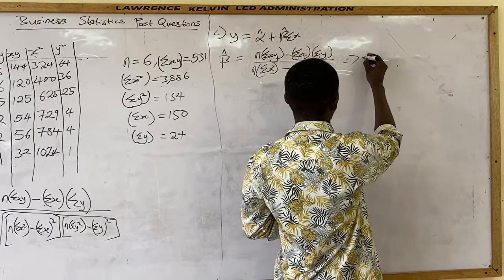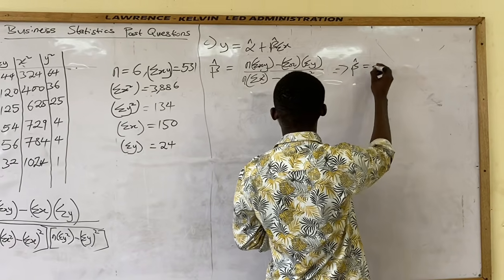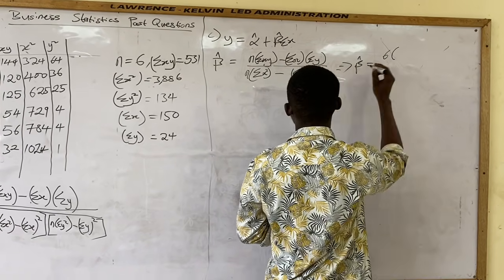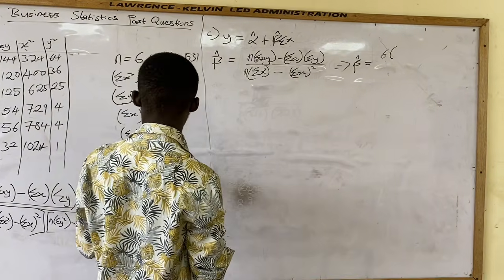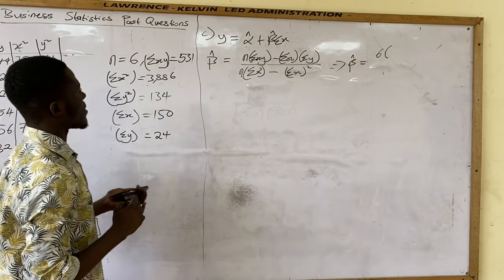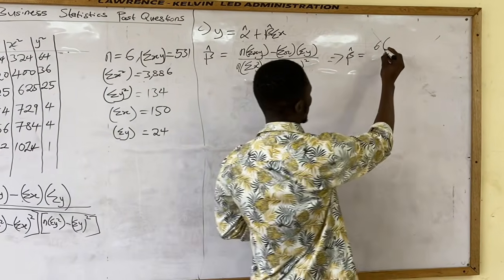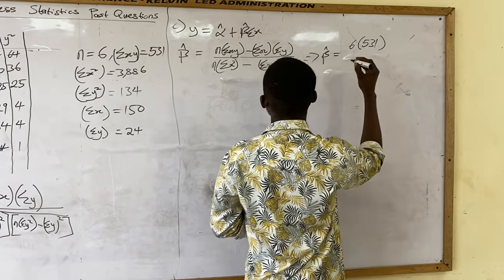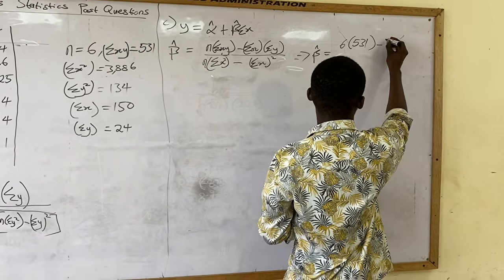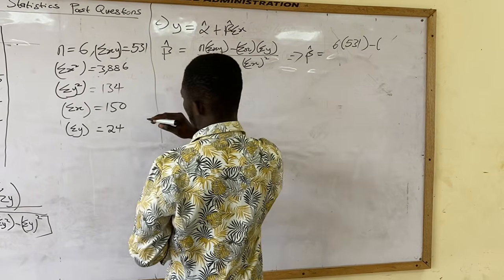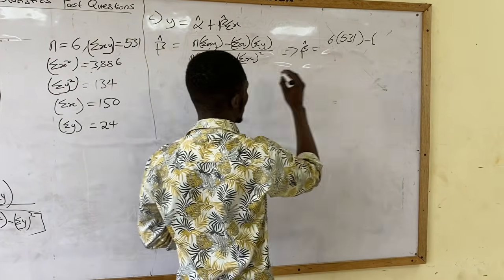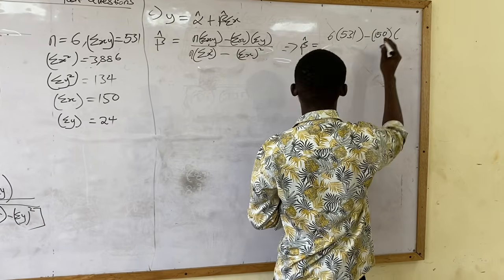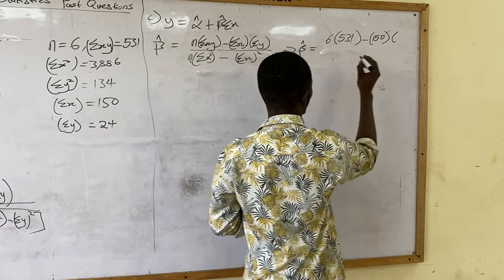So beta hat is equal to, our n is 6, as we know. Our sigma xy is 531. Then minus sigma x, which is 150, multiplied by sigma y, which is 24.